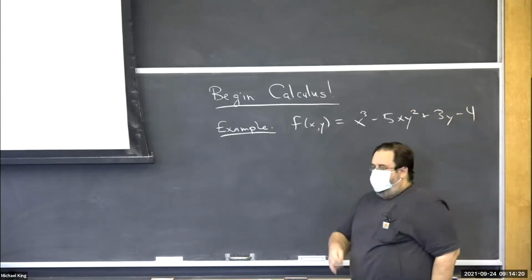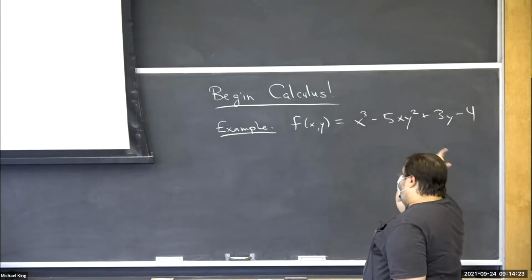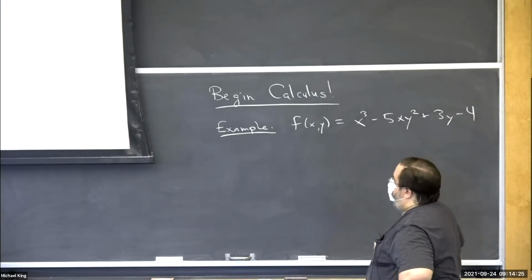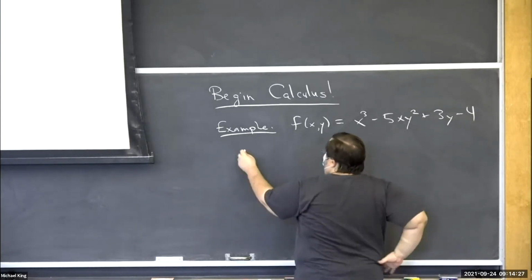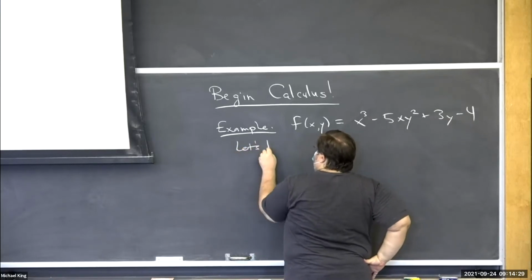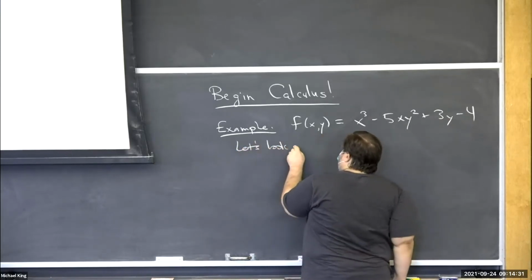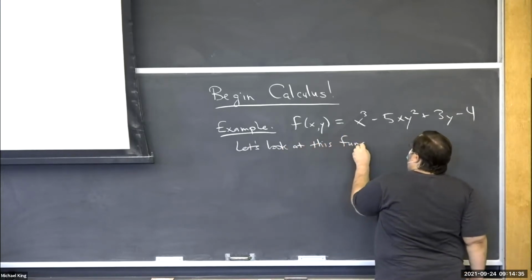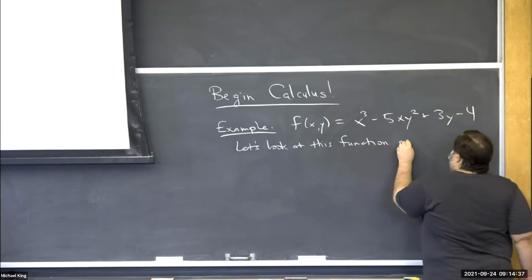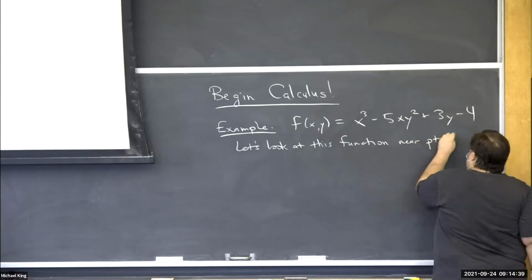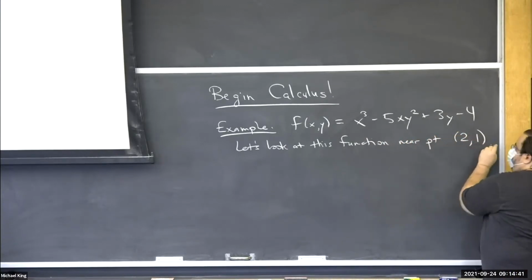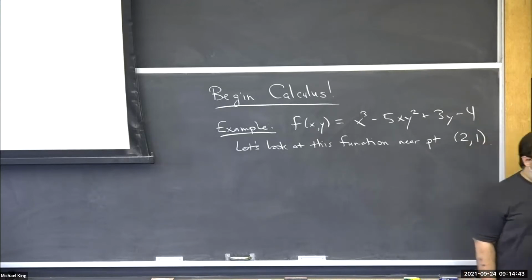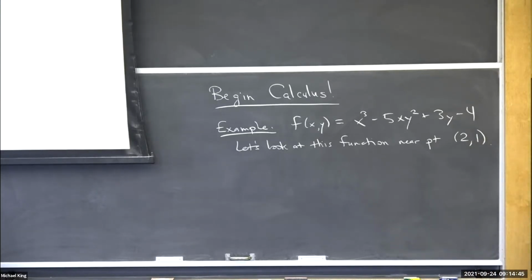What if I want to know something about how the function is changing near a point? Let's look at this function near the point 2, 1. Here's a picture of the graph.